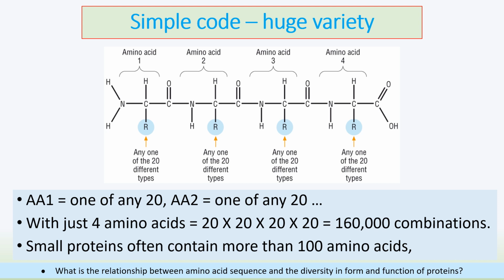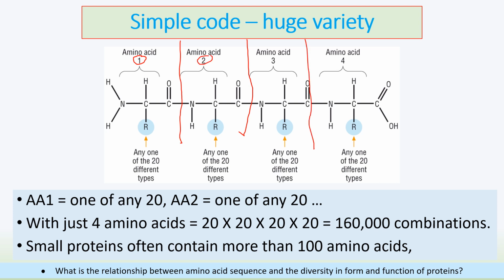Even though we're talking about only 20 amino acids, that gives us a huge variety in structure, and that is the reason we have so many proteins. Here we have 4 amino acids in a chain. Amino acid 1 could be one of any 20 amino acids. Amino acid 2 could be one of any 20 amino acids, and so on.